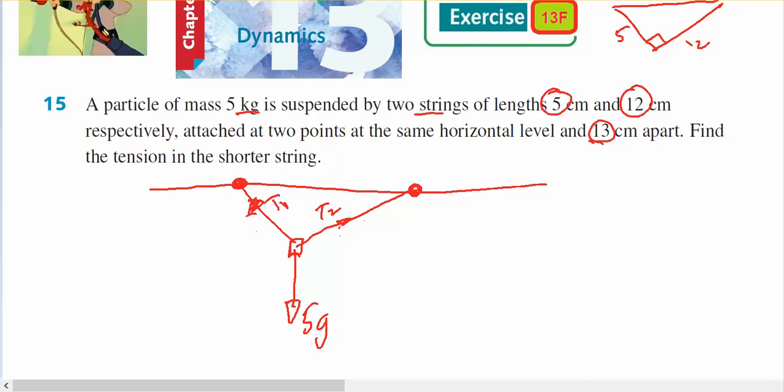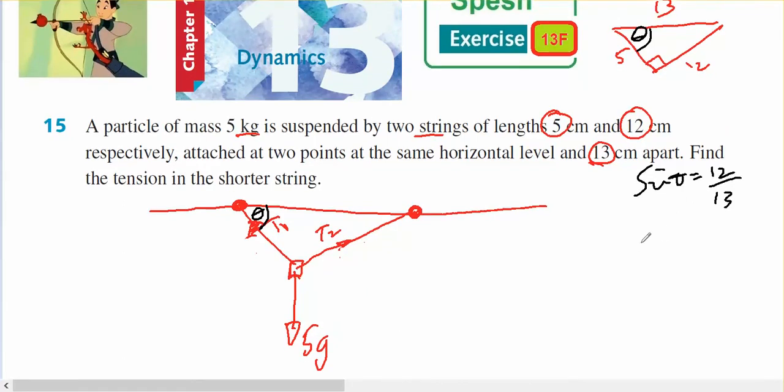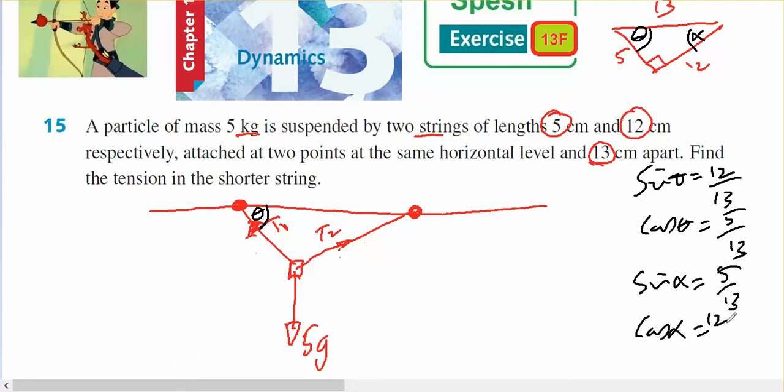What I do know is that this angle here, because it's this angle here, then the sine of theta is going to be 12 on 13, and the cos of theta will be 5 on 13. And if this angle here is alpha, then the sine of alpha will be 5 on 13, and the cos of alpha will be 12 on 13.